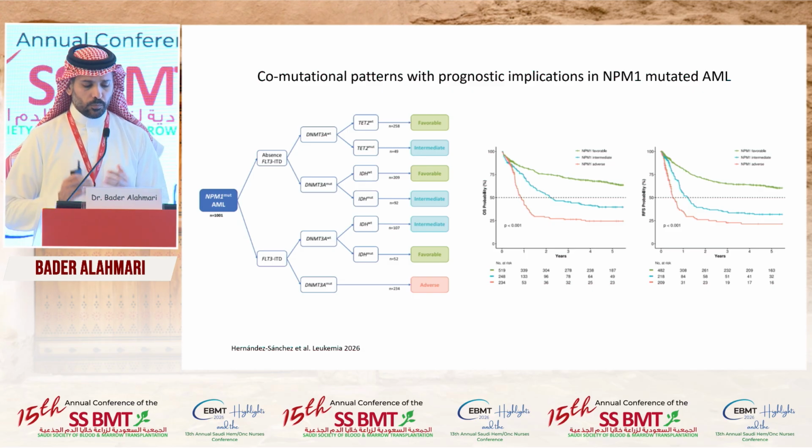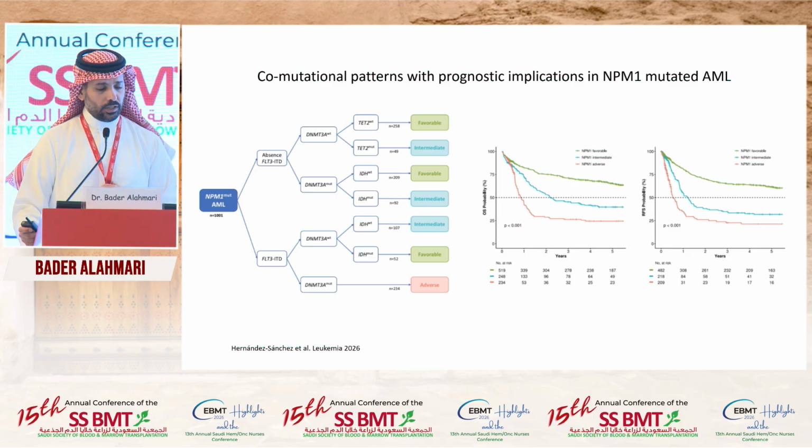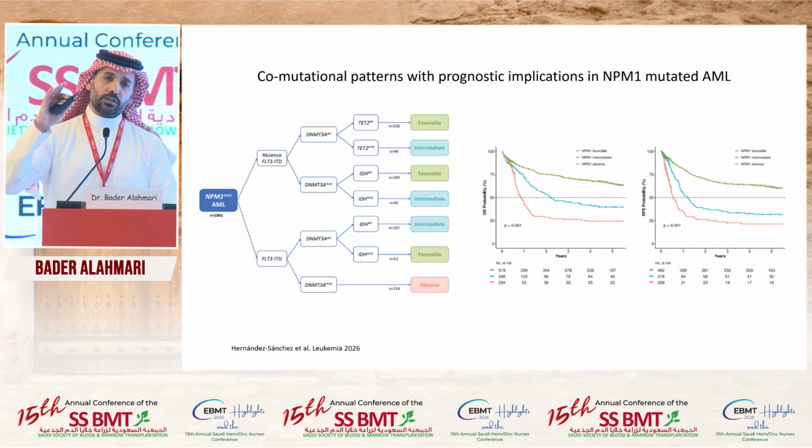The Harmony registry is a big registry in Europe, which constitutes at least 6,000 AML patients. They extracted only patients with NPM1 mutation, around 1,000 patients, and looked into their different outcomes based on the co-mutational status.